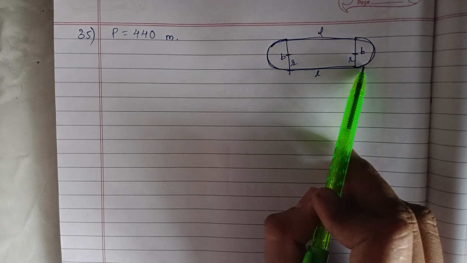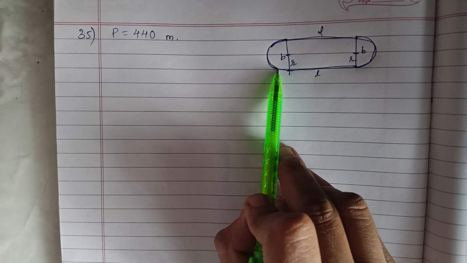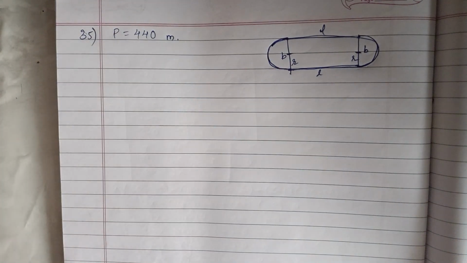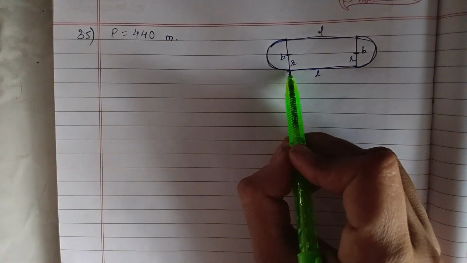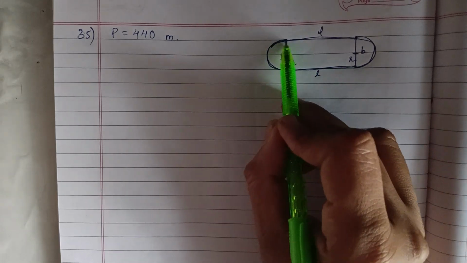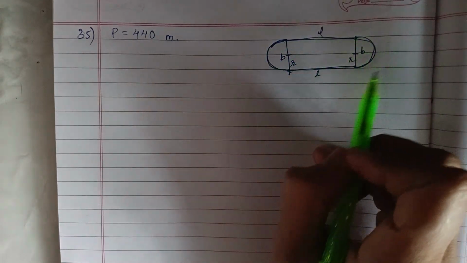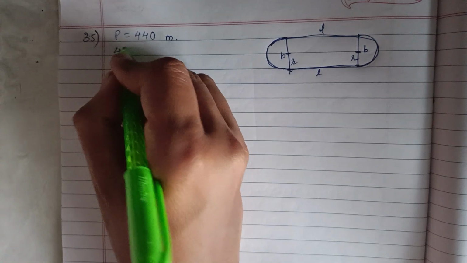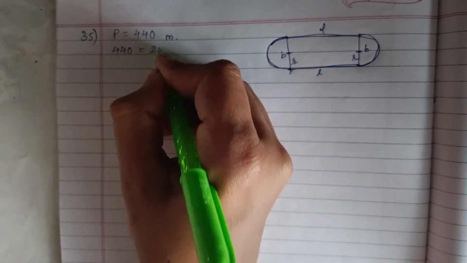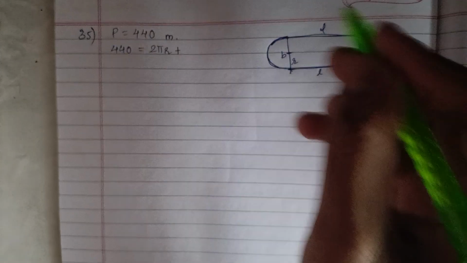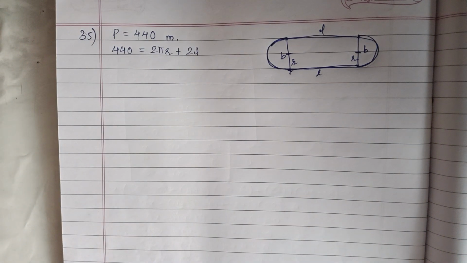If I take both halves of circumference, it will be the full circumference, correct? Plus this length because we want the boundary. So perimeter is 2 pi r plus 2 times length. What we want to find is the maximum area of the rectangular cricket field.